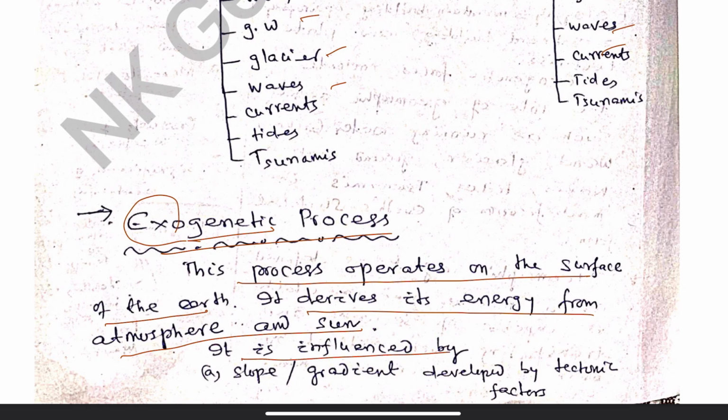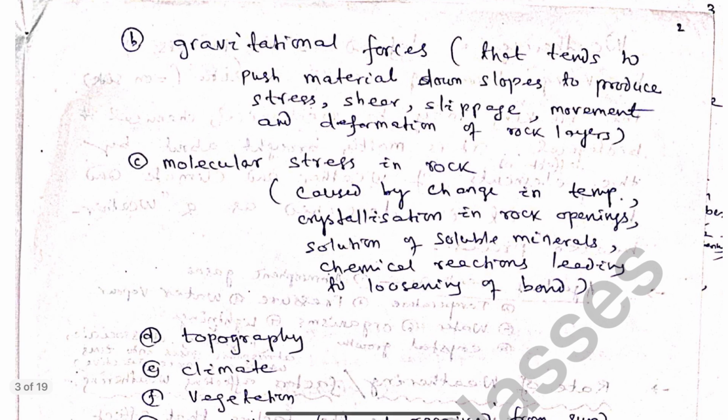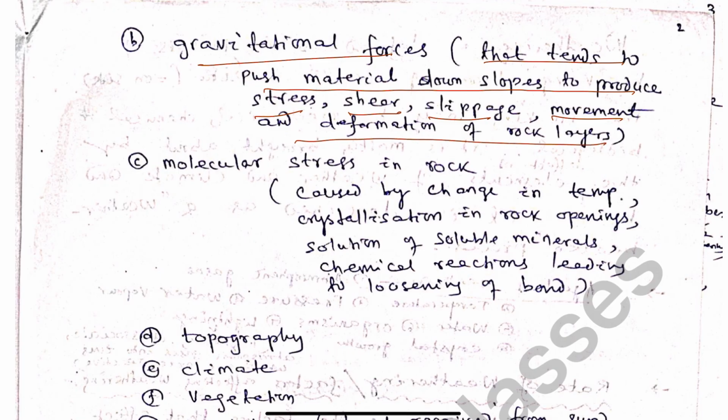It is influenced by the slope or gradient of the ground, which is developed by tectonic factors, because slope plays a major role in modification of Earth's surfacial form. So slope is a factor. Then there are gravitational forces, which tend to push material down slopes to produce stress, shear, slippage, movement and deformation of rock layers.